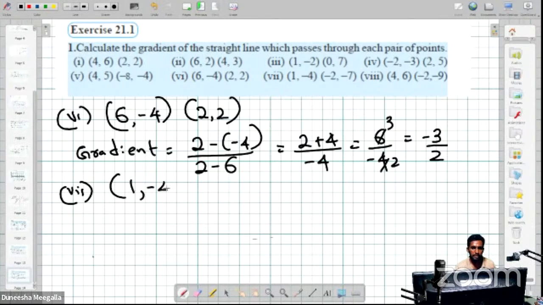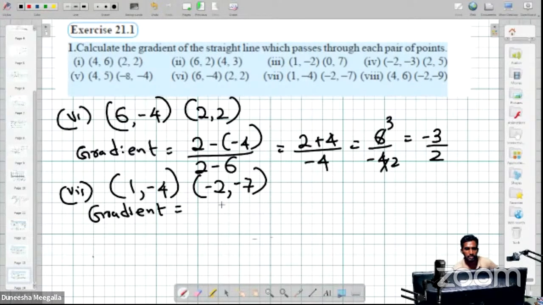1 comma minus 4. Minus 2 comma minus 7. Gradient. What is that? Minus 4 minus minus 7. Then minus 4 comma minus 7. 1 minus minus 2.